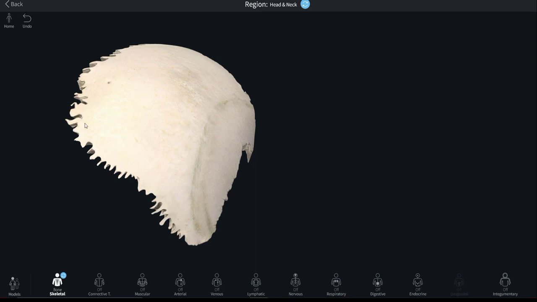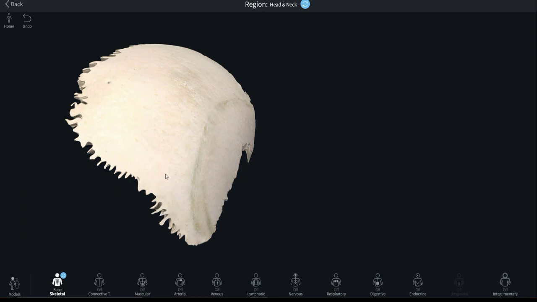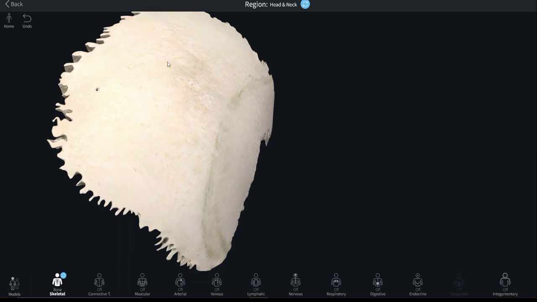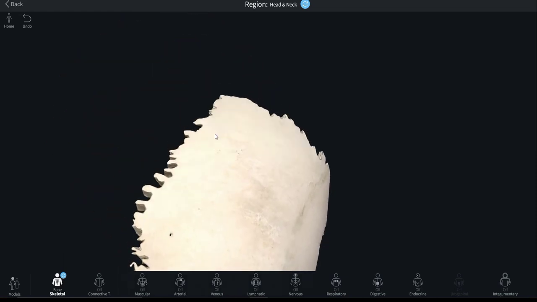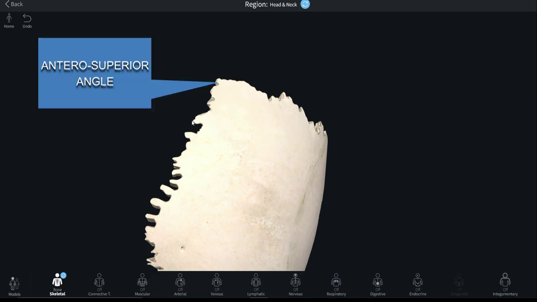So it is the postero-superior angle, and the other remaining one, let me get you a better view. This is the other remaining angle. This is the junction between the anterior and the superior. So the antero-superior angle, right?